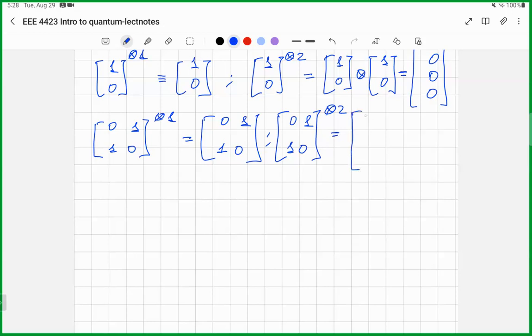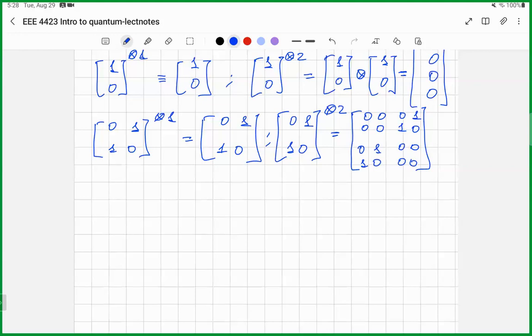For the first element, because of the 0, it is all zeros, right? Then for the 1, I get this matrix itself. Then for the 1 again, the matrix itself. And then for 0, all zeros. Something like this.